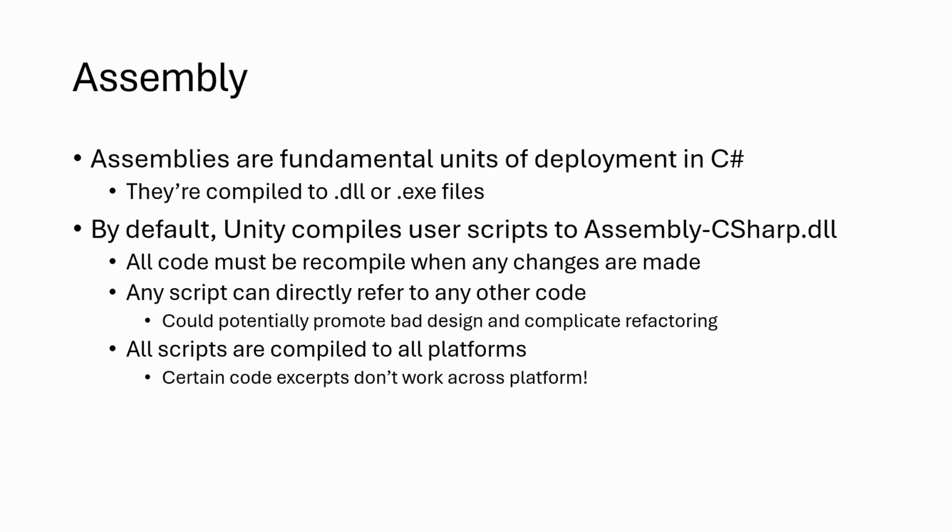What makes this bad is that all code must be recompiled when you make any kind of changes to other code. Because they're in the same assembly, compiled to the same file, any changes in it might cause different parts of this same code base to be invalid. So the compiler always recompiles all your code when you don't use proper assembly segregations.